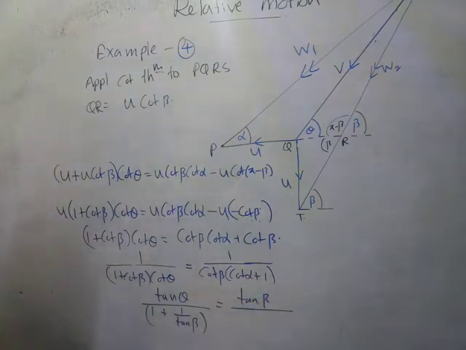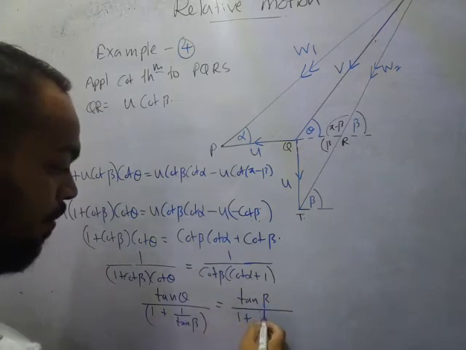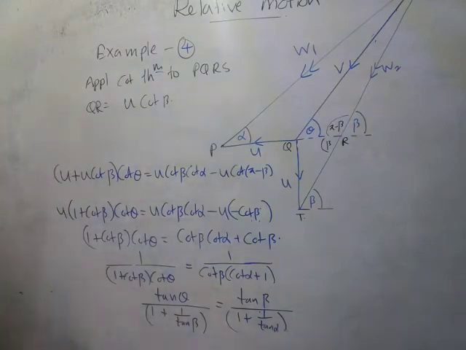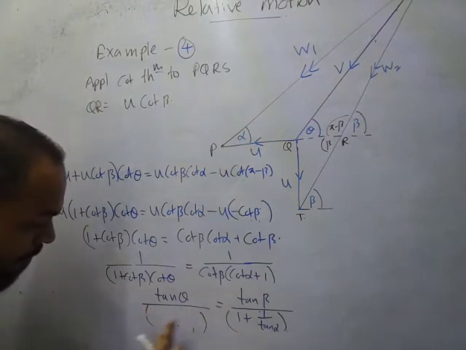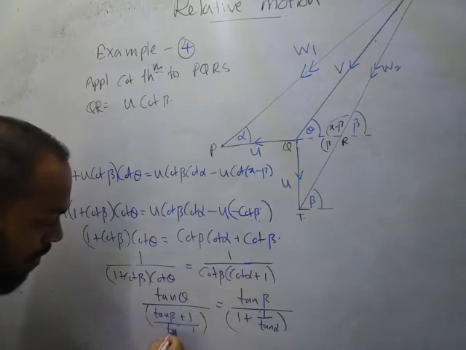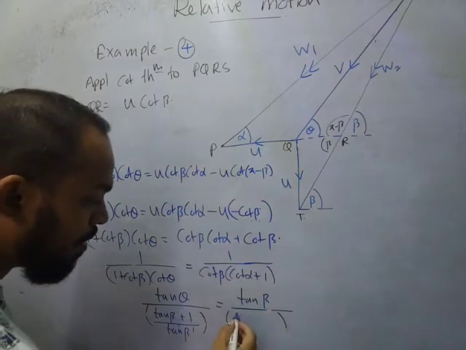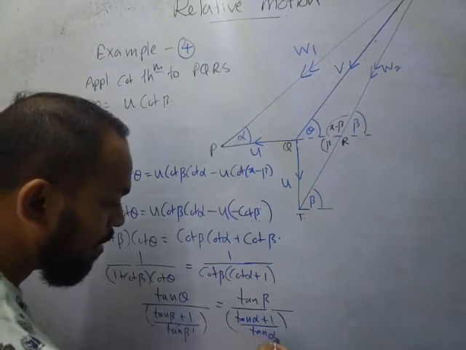Okay, tan beta divide by 1 plus 1 over tan alpha. Now I can get the common denominator here. If I get the common denominator, this becomes tan beta plus 1 over tan beta. This would be tan alpha plus 1 over tan alpha.